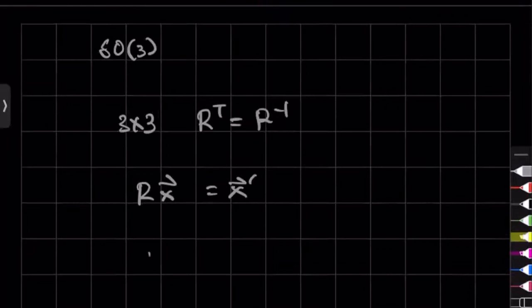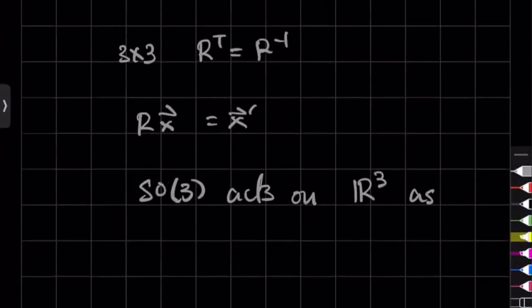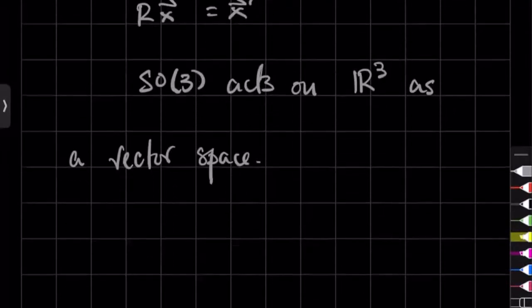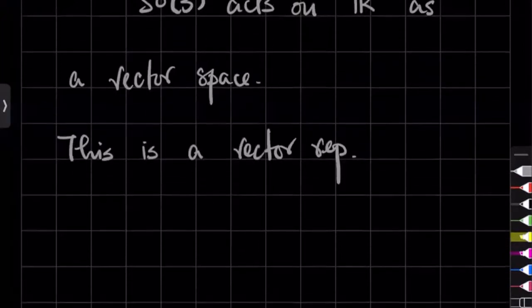So SO3 acts on R3 as a vector space. Okay? So this representation we call a vector representation, and this is the fundamental representation of SO3.